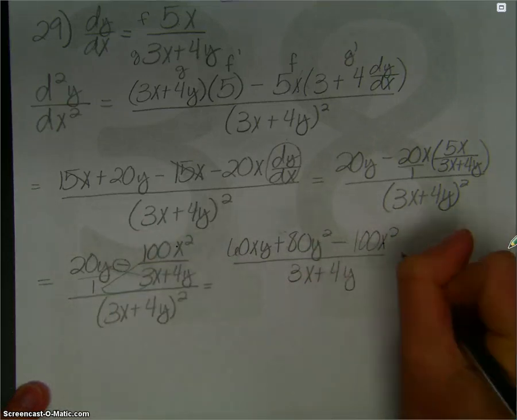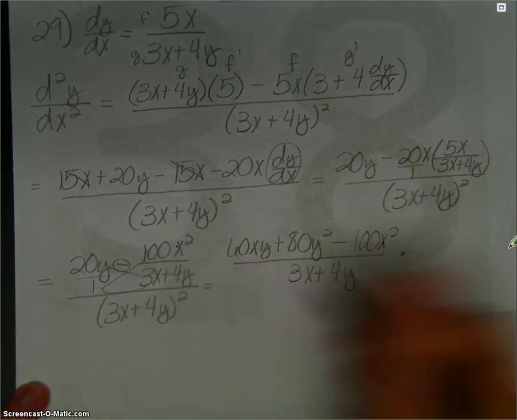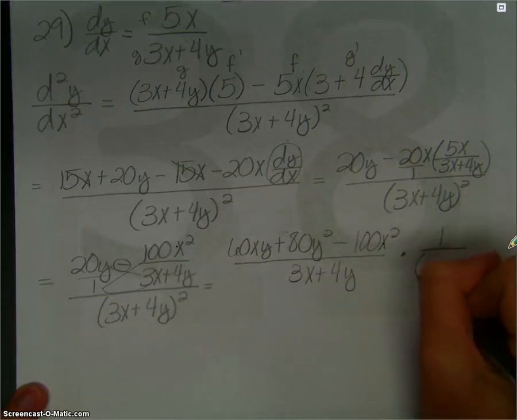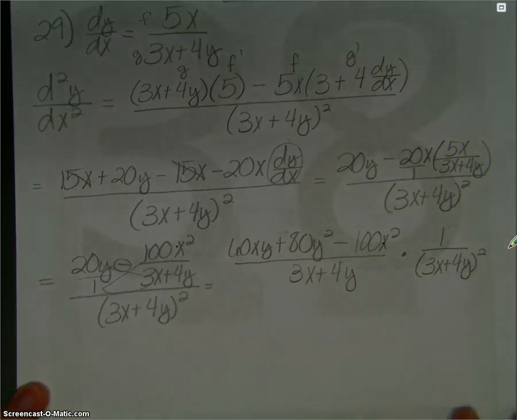Now I'm going to go ahead and at the same time multiply by the reciprocal of this, which is 1 over 3x plus 4y squared.